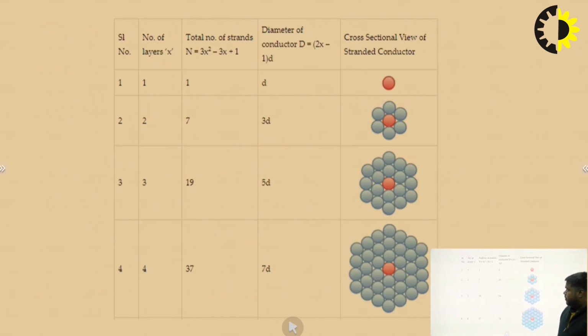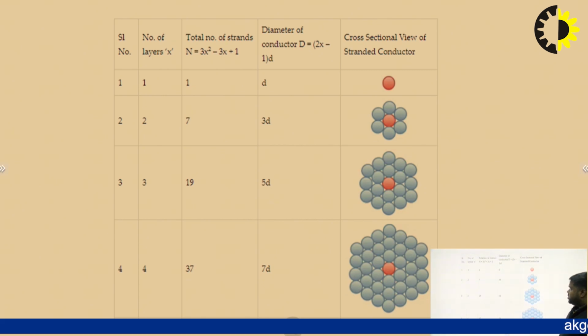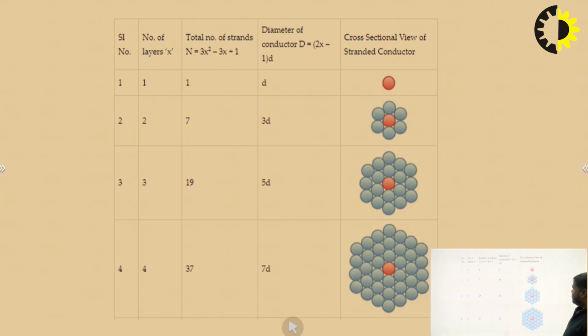This is the comparative and comprehensive representation of the number of strands in the conductors based on the number of layers. If the number of layers is 1, then N equals 3x squared minus 3x plus 1 comes out to be 1, and the diameter D equals 2x minus 1 into d, which is d.